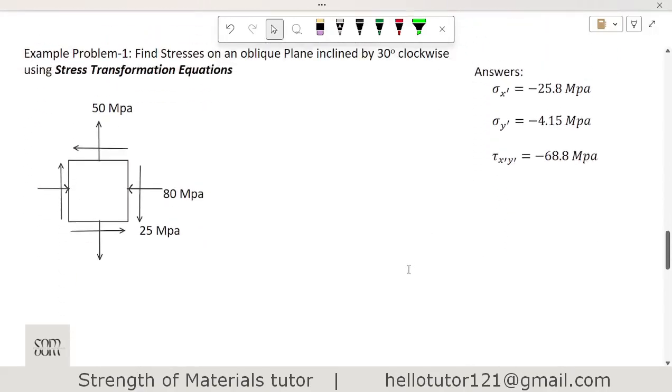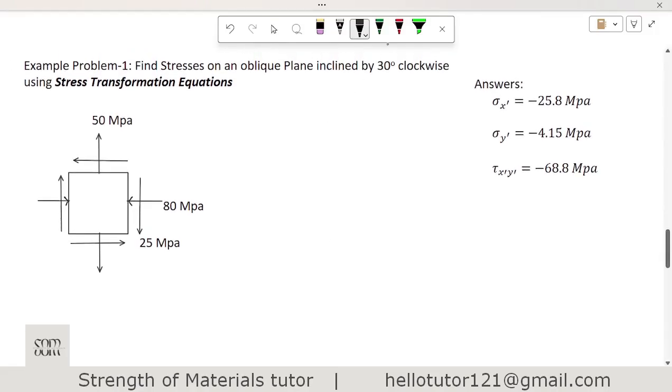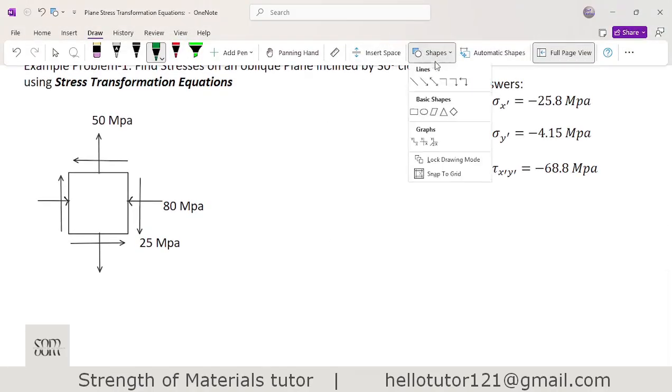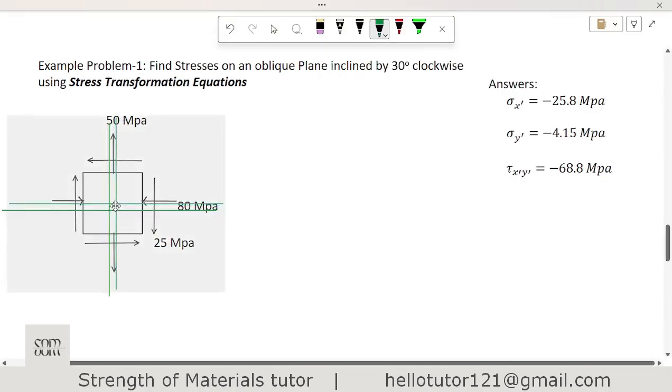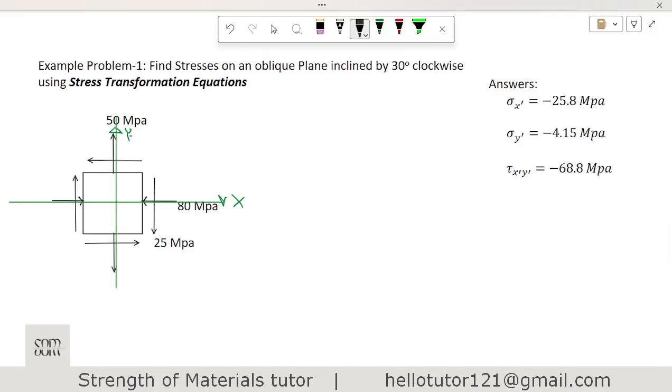Now we have this problem here. Let us draw the axes first. This is the positive x-axis and this is the positive y-axis. Now this 50 megapascal is along the y-axis. It is a normal stress along the y-axis, but is it positive or negative?